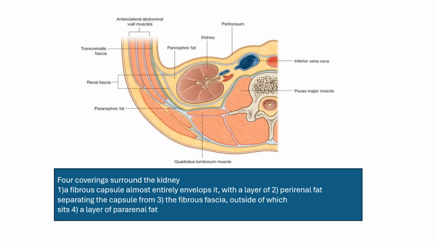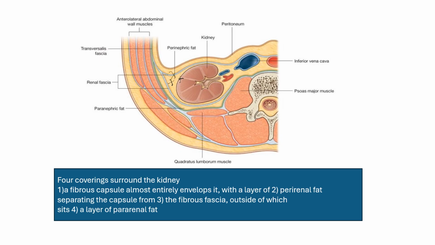Looking at the coverings of the kidney, there are four coverings of the kidney. The immediate cover of the kidney is the renal capsule, which is immediately attached to the kidney and envelops the kidney. And outside the renal capsule is the perirenal fat. This perinephric fat separates the kidney and the capsule attached to it from the fibrous fascia, which is this layer.